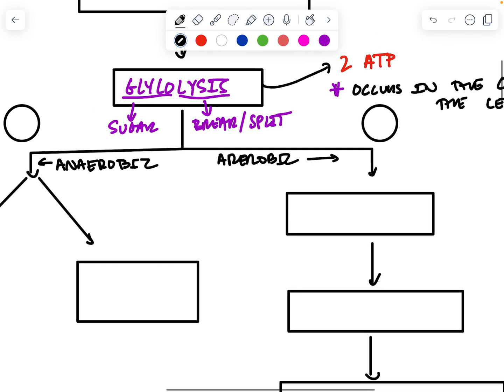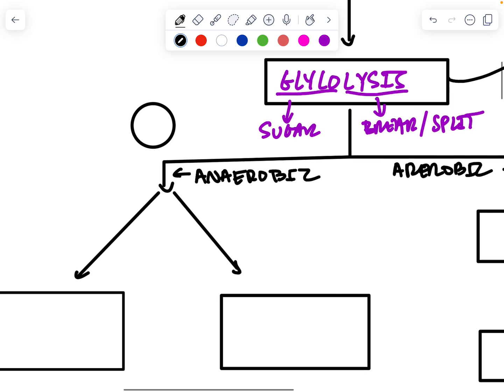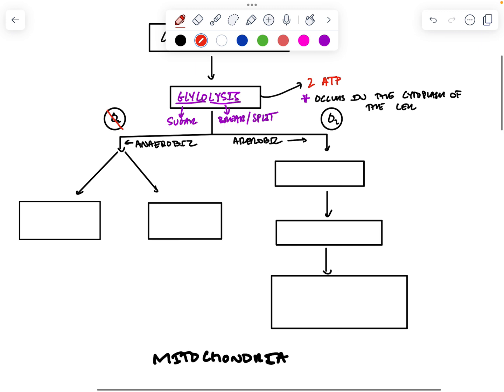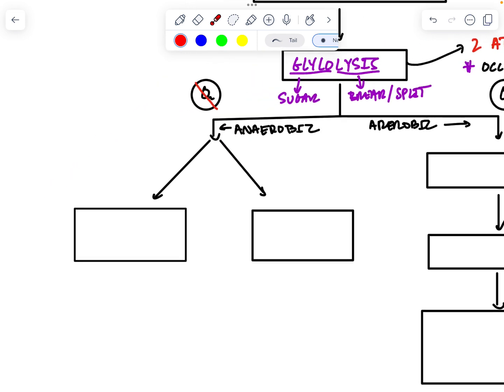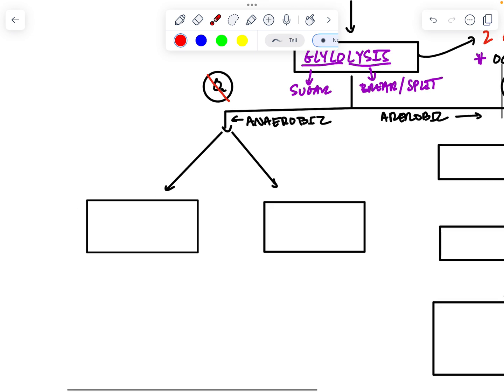So a reminder, aerobic conditions mean that O2 is present, and anaerobic conditions mean that oxygen is absent. So in the presence of oxygen, this set of pathways will happen, and in the absence of oxygen, this will happen. Okay, there are two types of anaerobic cellular respiration, and depending on what type of organism you are, you'll either do one or the other.